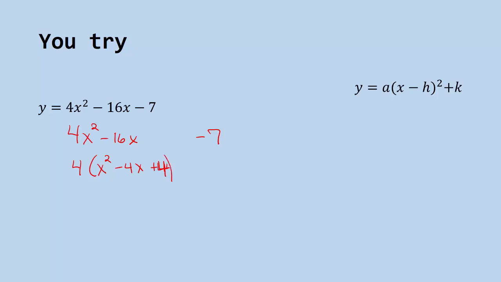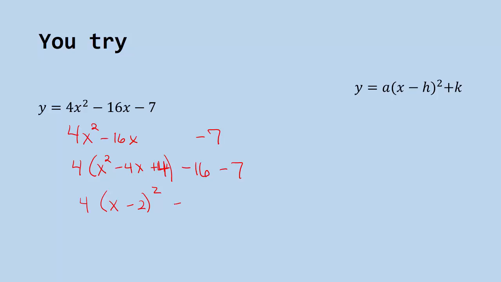But again, what am I doing? I'm basically actually adding 4 times 4, which is 16. So now that I've added 16, I need to subtract 16 from the same side in order to keep everything balanced. So now I have my 4, I have my x minus 2 quantity squared minus 16 minus 7.